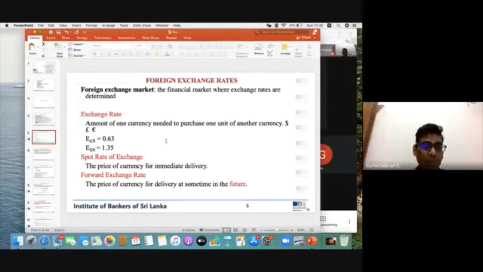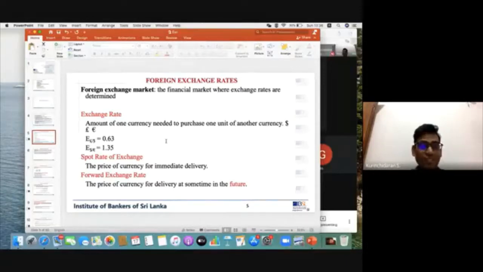So you can go to the bank and say, okay, I need foreign currency at the end of the month, but I need the fixed rate today itself. So the bank will say, okay, we will go for a forward exchange rate. Under that agreement, we agree on a price today, the exchange rate today, but we will deliver the currency at the end of the month. So you confirm the price today, and the currency is delivered at a future date.